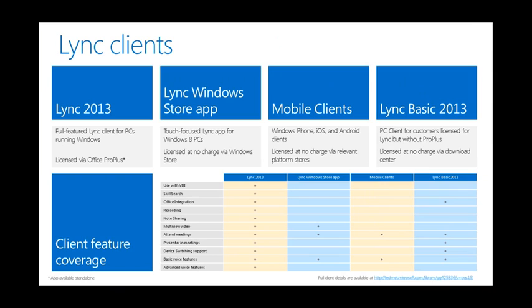With the Lync Windows Store app, it just gives you much more of a cut down, but that's free of charge. Again, mobile clients, again, it just gives you a very light touch access to Lync. But then, if you have a PC client and you want the basic functionality of Lync, but you don't have Office Professional Plus, then you can actually download something called Lync Basic 2013, and you can see there it gives you the basic functionalities and access to Lync.